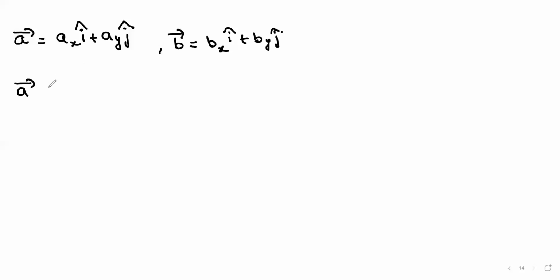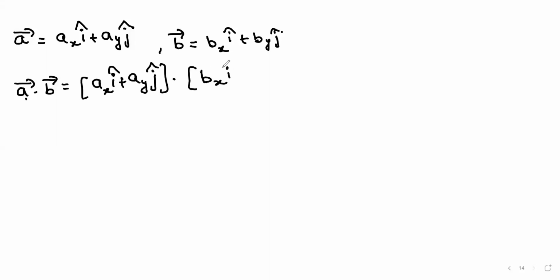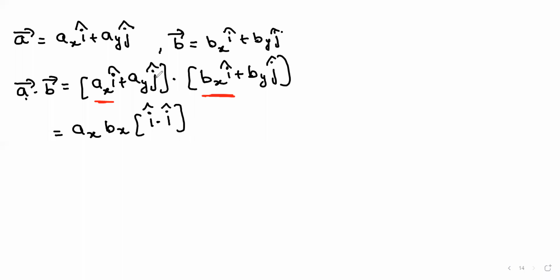So we have to find A dot B. Substitute A as AXi plus AYj, dot B as BXi plus BYj. Here we do normal multiplication. First we multiply AXi with BXi, and we get AX into BX, i dot i. Clear?